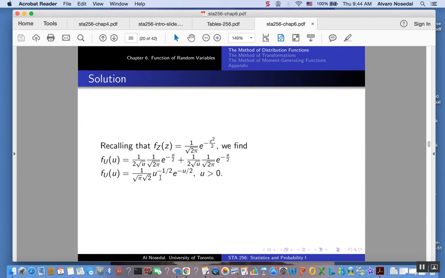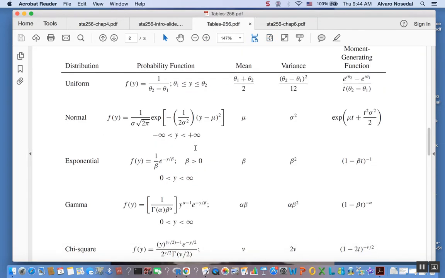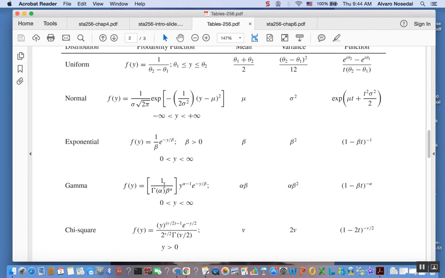If you take a look at that, you should go, oh, I've seen something like that before. That kind of looks like a gamma. So if you go back to your table, yeah, it looks like a gamma: y to the alpha minus 1 e to the negative y divided by beta, and then we have this constant that is related to the gamma function.